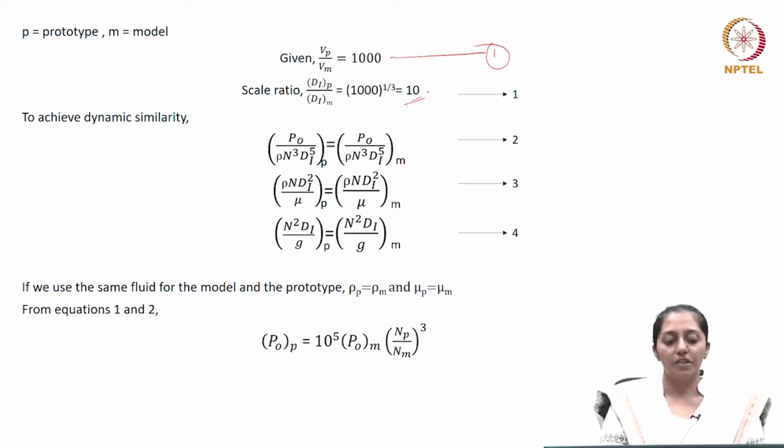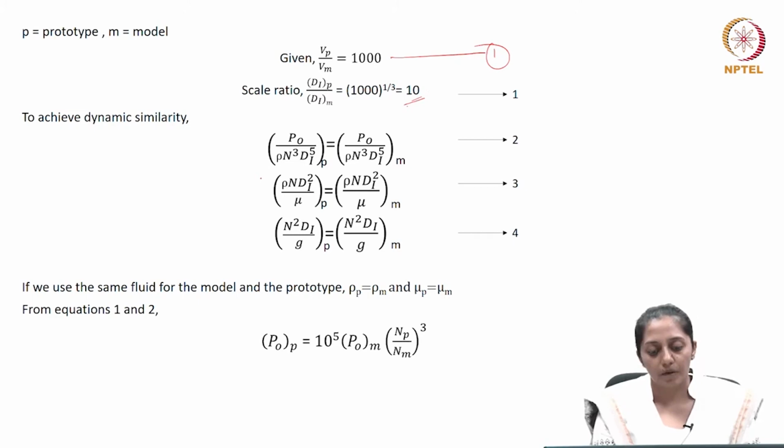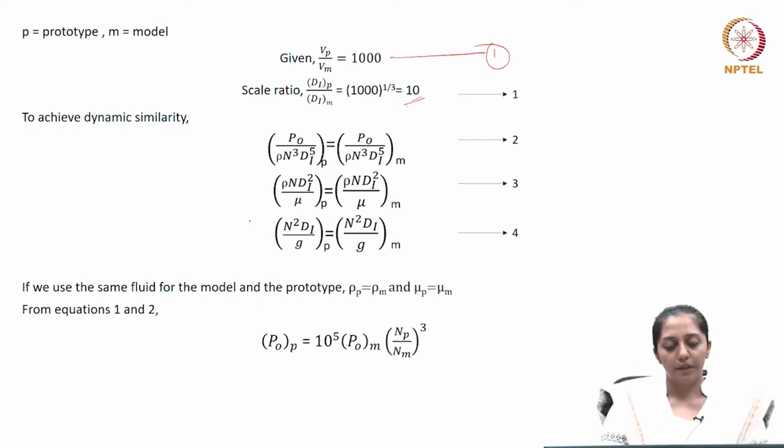Now in order to achieve dynamic similarity, your dimensionless numbers should be equal at the two scales, the model and the prototype. And we are using the same fluid, so obviously the properties of the fluid will not change at the two scales, so we can negate those terms.